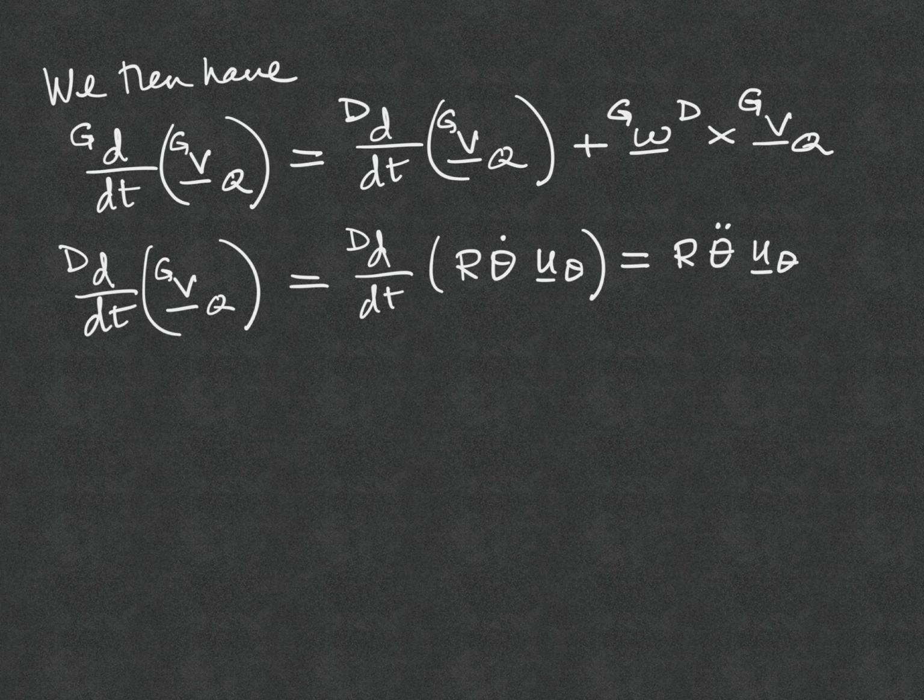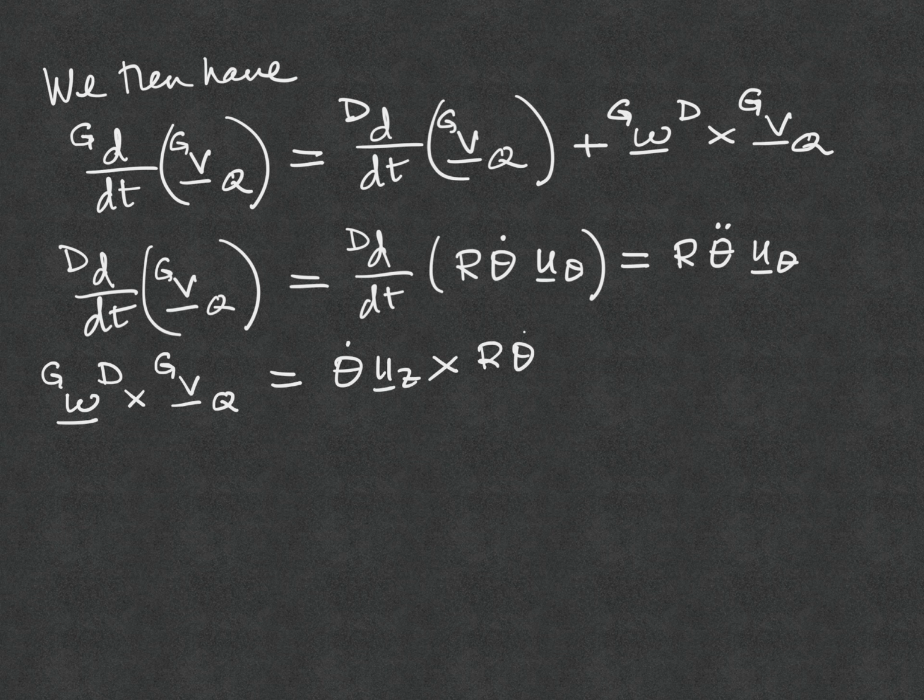Now the next term is a cross product, and that cross product is omega dg crossed with the velocity of point Q in G, which is equal to theta dot uz crossed with r theta dot u theta. So I just substituted in the expressions. That's all I did.